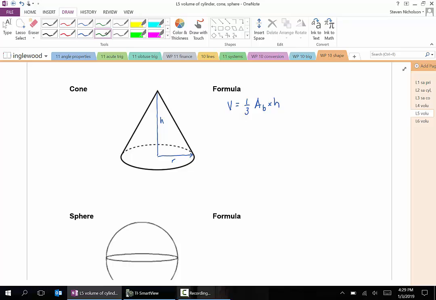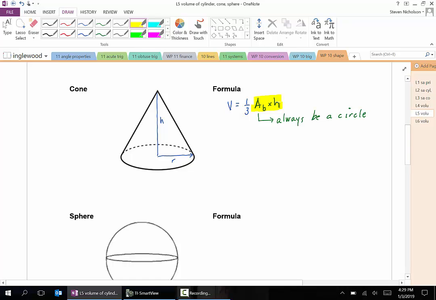And again, the area of the base of a cone will always be a circle. And just like with pyramids and prisms, we have this relationship, 1/3 of.